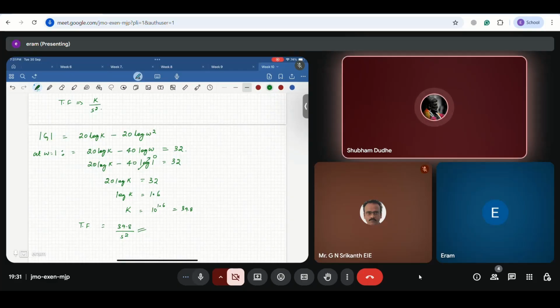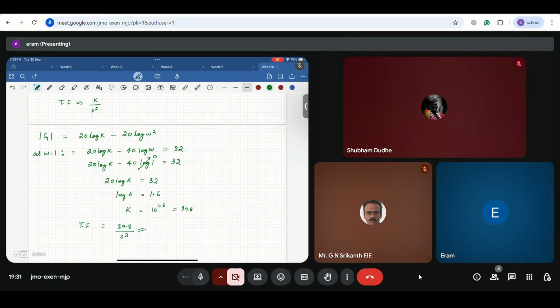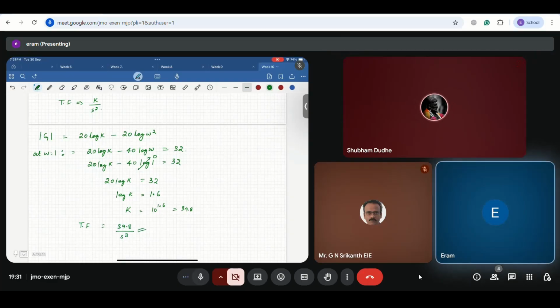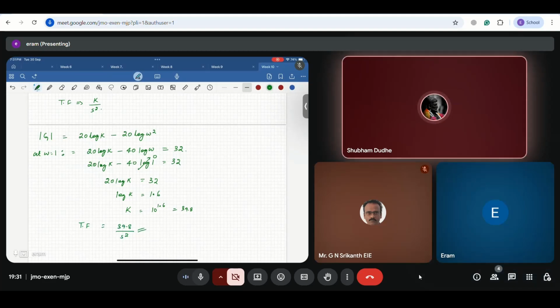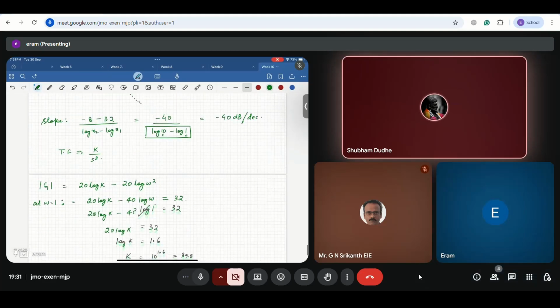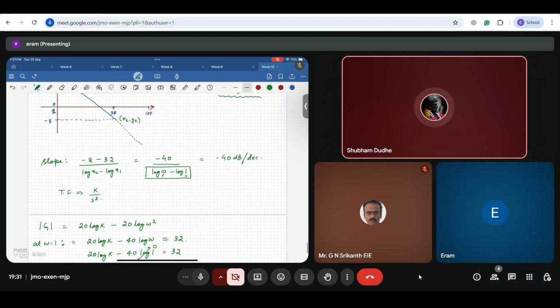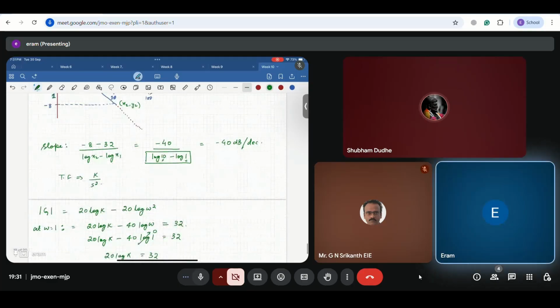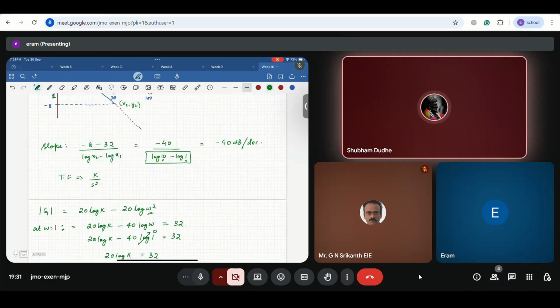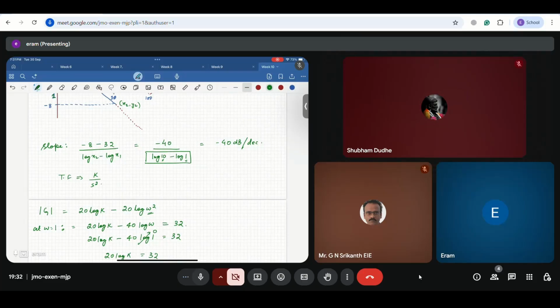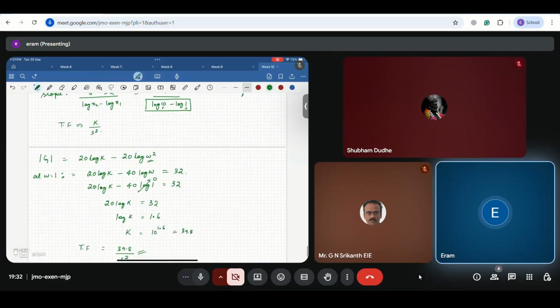Ma'am, is omega square because we have 1 by s square now? What are you asking? We use omega square here.